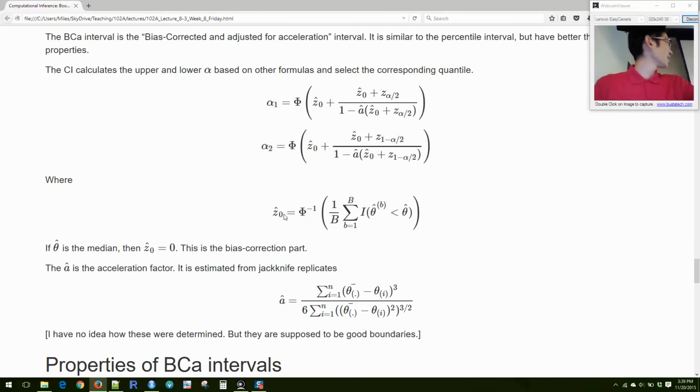Okay, so this term z hat sub 0 is kind of like a bias correction, and if theta hat is the median, then z hat sub 0 is 0. But if theta hat is anything other than the median, you're going to have something a little bit different from 0.